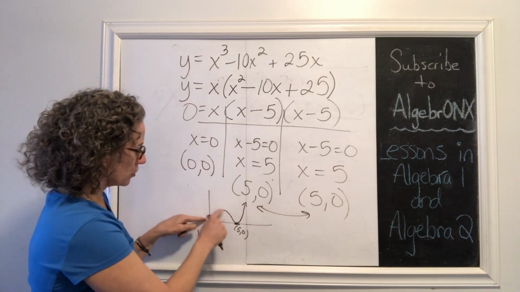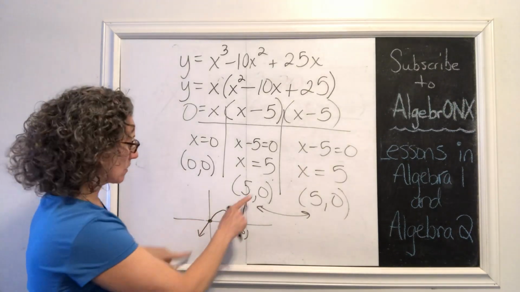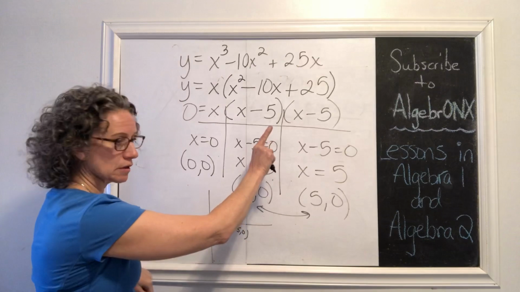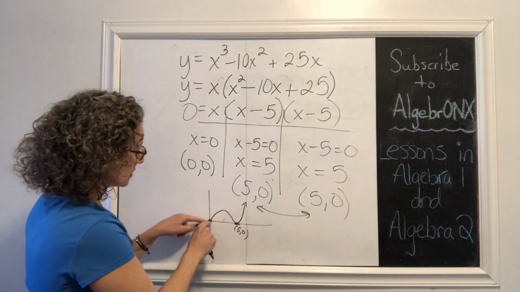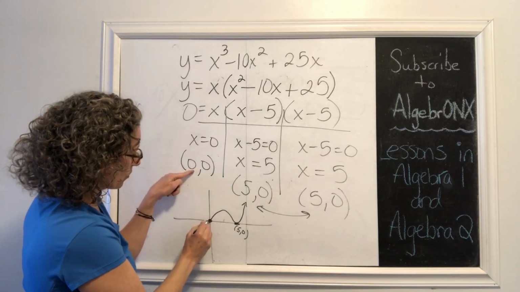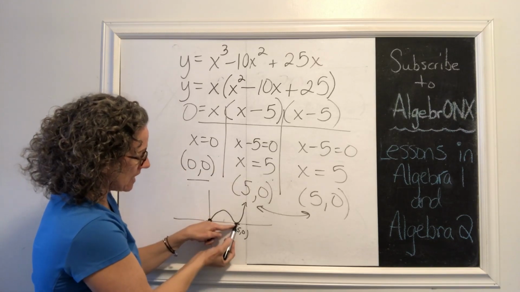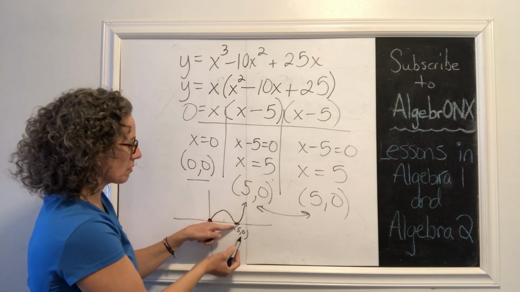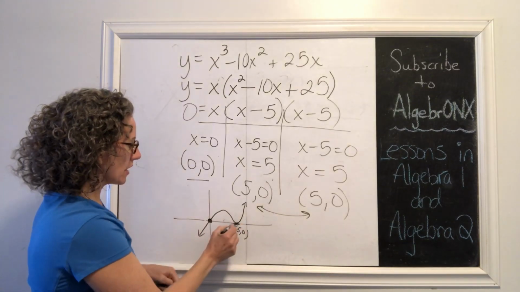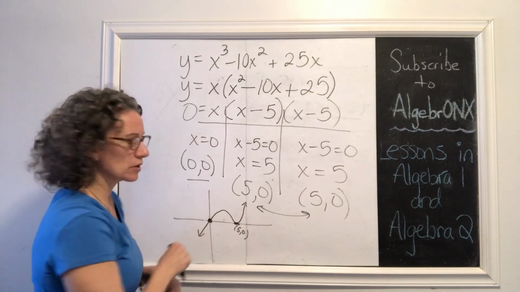The cubic function has opposite end behavior, and it goes through this point because that point's only represented once, but then it's tangent to this point because this point is represented twice. And that's what it means graphically speaking.